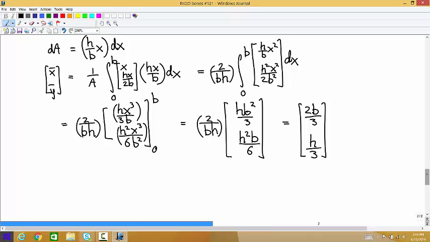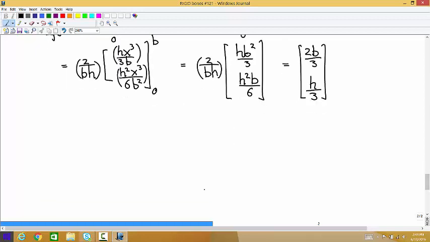Okay, so all that says that for this triangle, for the y component, you got 2/6, and I just reduced that.